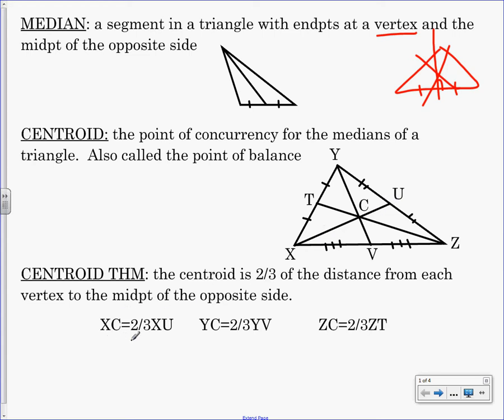So XC equals 2/3 XU. If I were to make one on my own, I would say from vertex to centroid, so YC is equal to 2/3 what? YV, very good. And then ZC equals 2/3 ZT.